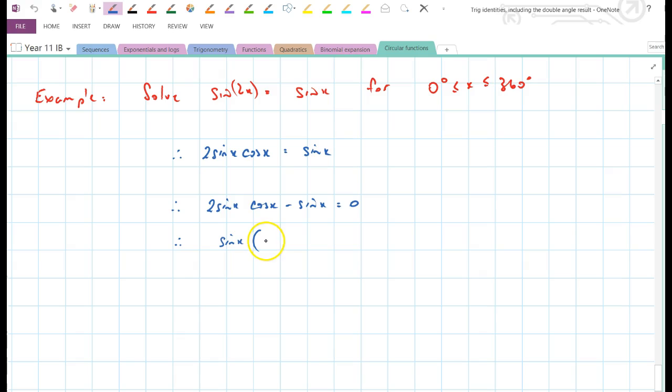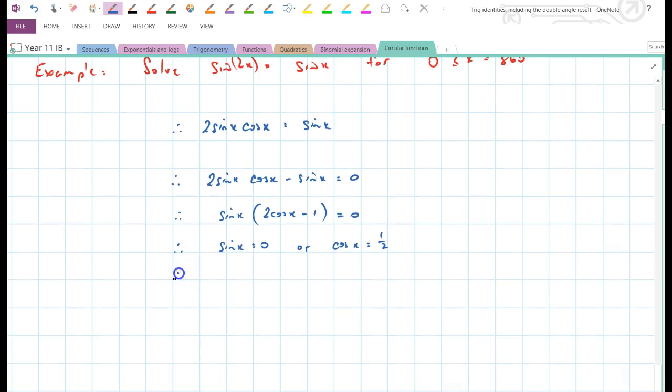So sine x, I'll show you, it'll come out in a second: 2 cos x minus 1 equals 0. So you can see here what is in brackets. We would have got that result just in brackets if we divided through by sine x. But without doing so, and with just factorizing, we have a look at sine x equals 0. So we're going to consider that as a solution, and cos x is equal to 1/2. So there's my two channels of solutions.